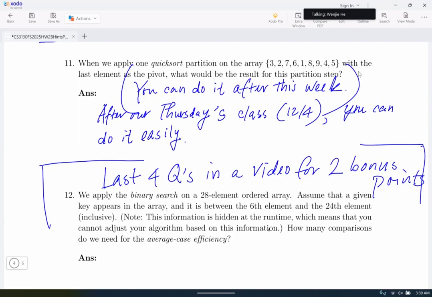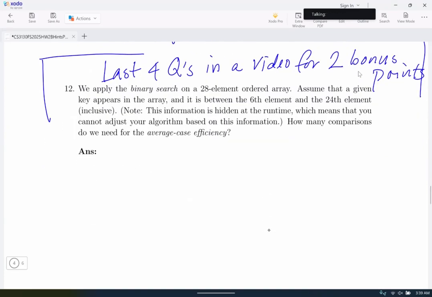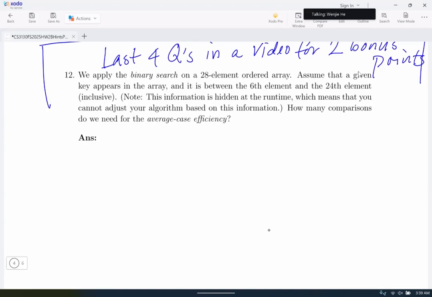All right, so now let's do the last 4 questions. Number 12: binary search, 28-element ordered array. But there is one condition: the given key appears between the 6th element and the 24th element.